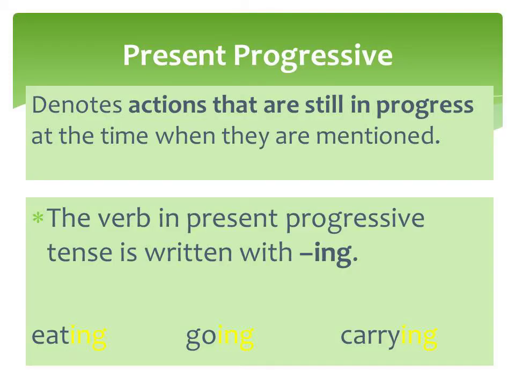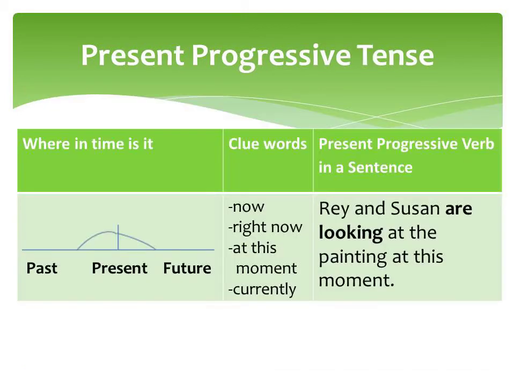Now, the present progressive denotes actions that are still in progress at the time when they are mentioned. So for present progressive tense, this is our timeline, and the action in the present progressive is happening right now at this very moment. So eto lang siya, ngayon yan mismo.